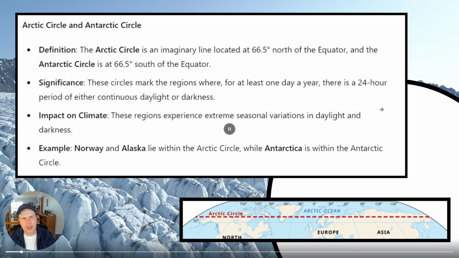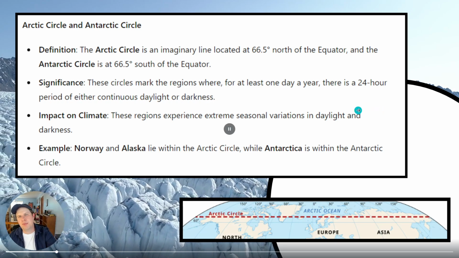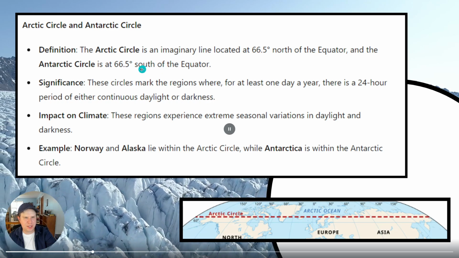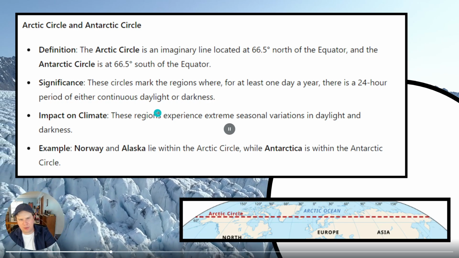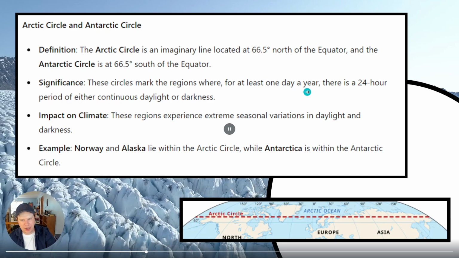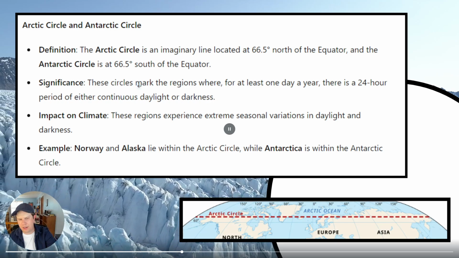The Arctic Circle is an imaginary line located at 66.5 degrees north of the equator, and the Antarctic Circle is at 66.5 degrees south of the equator. These circles mark the regions where, for at least one day a year, there is a 24-hour period of either continuous daylight or darkness.